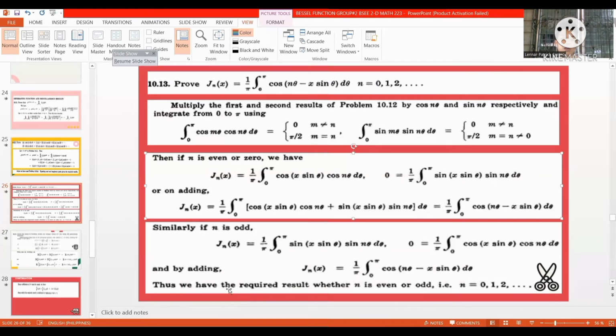And thus we have the required results whether n is even or odd, for n equal to 0, −1, −2, and so on.